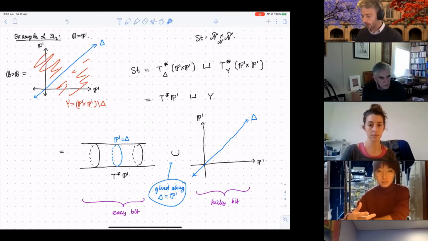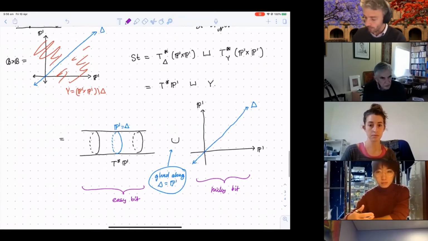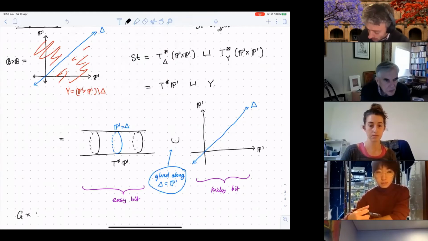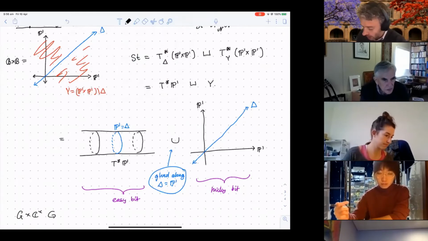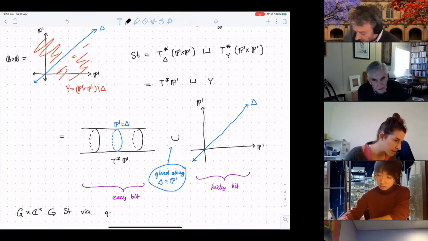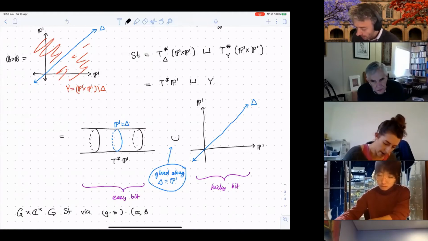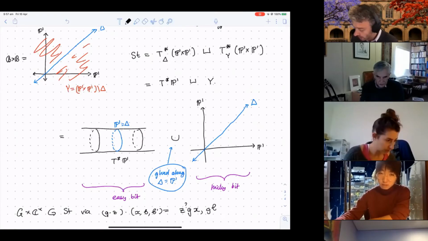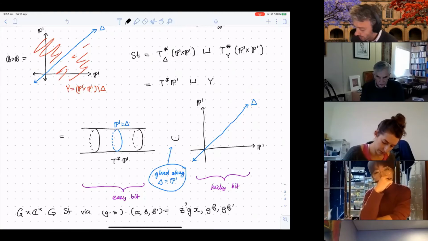Yeah, and I just want to quickly say that G times C star acts on the Steinberg variety via (g, z) acting on (x, b, b prime) by scaling x by z to some power, and g acting on x, b, b prime.